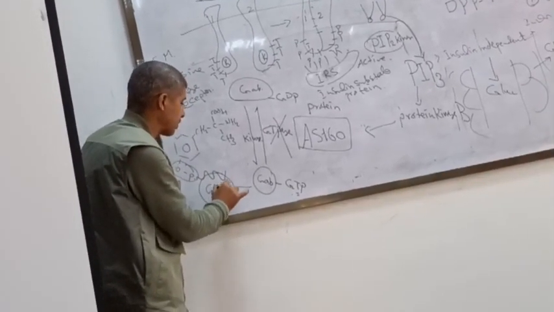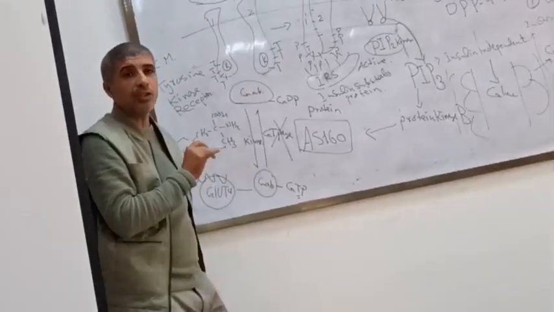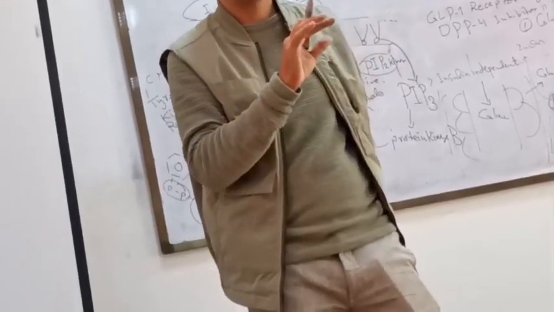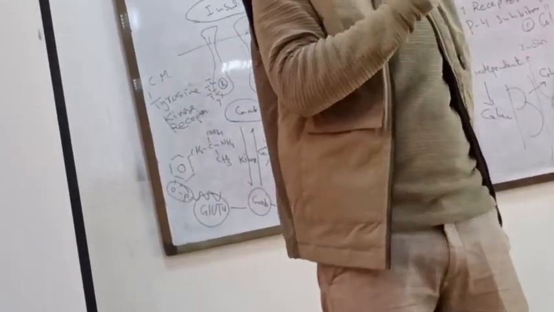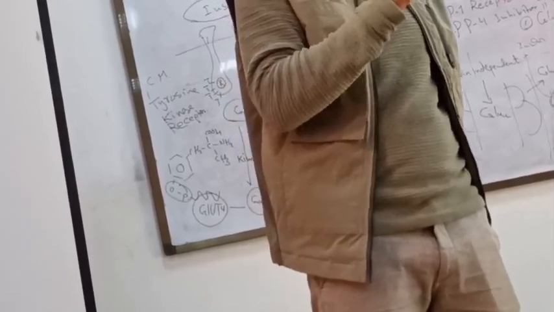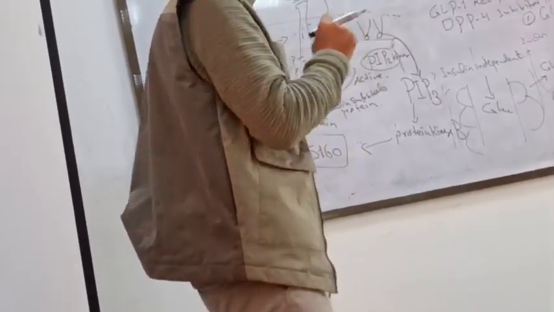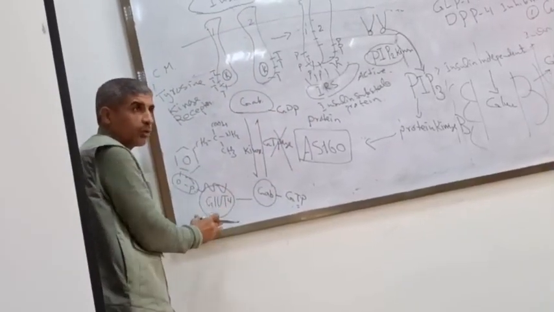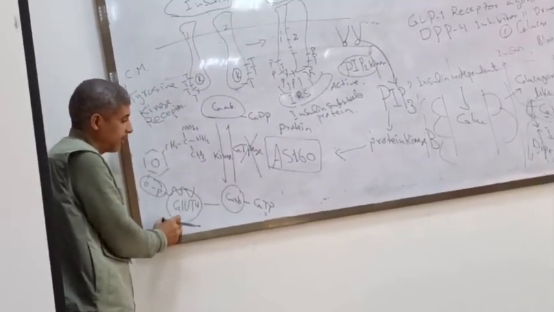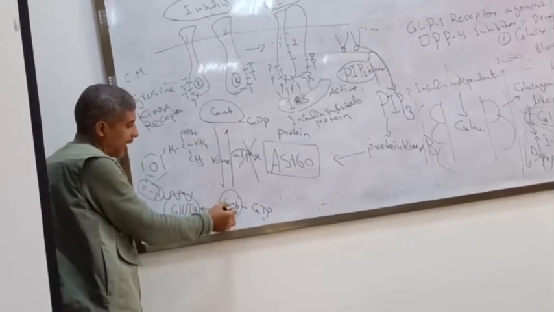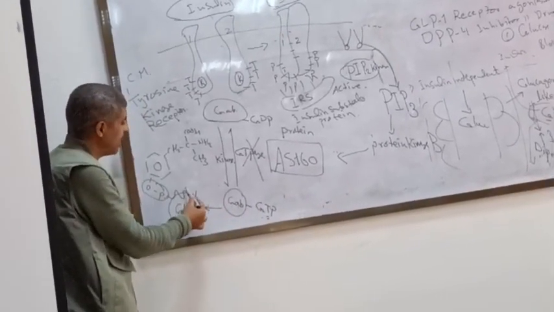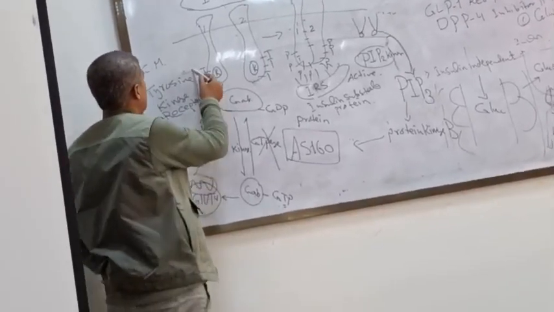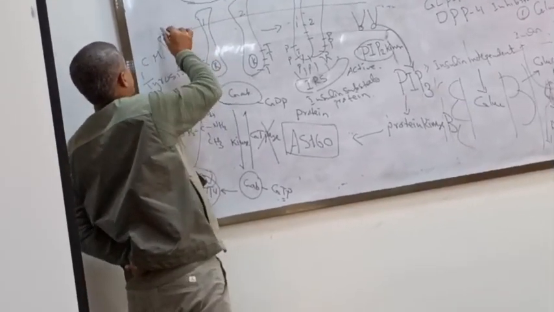glucose transporter 4. Glucose transporter 4 is not located in the cell membrane, but by the mechanism of insulin it will be released from a vesicle. It is in a vesicle, and by activation it will be translocated from the cytoplasm to the cell membrane.